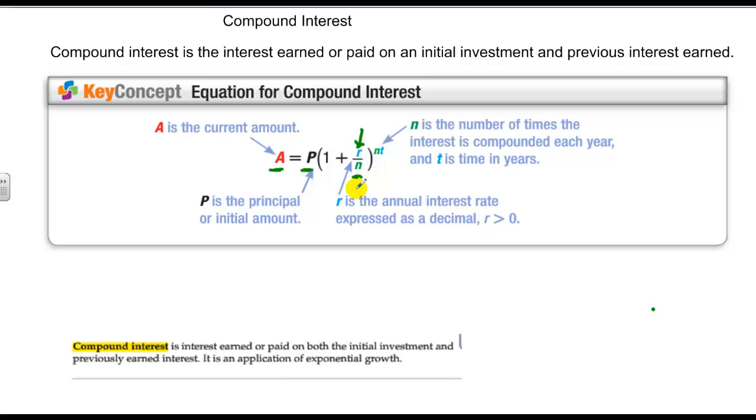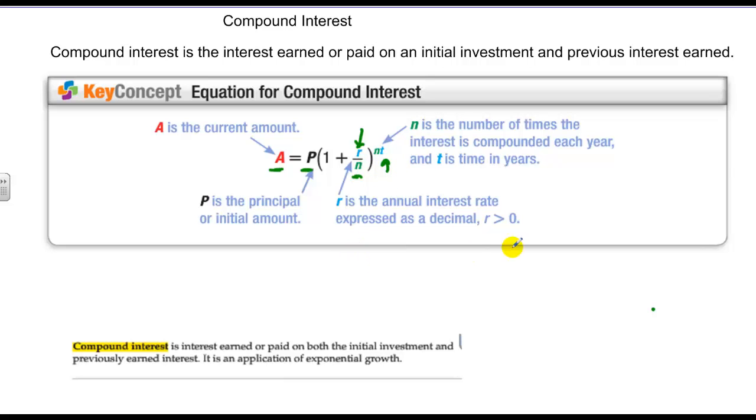If I invest semi-annually, that's twice a year, and n equals 2. If I invest quarterly, that's 4 times a year, n equals 4, etc. And this is all raised to the n times t power, where t is the total number of years.